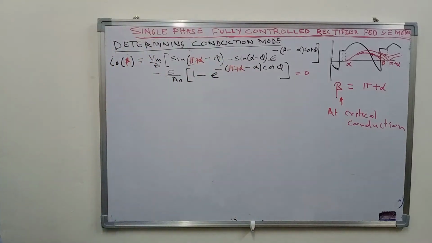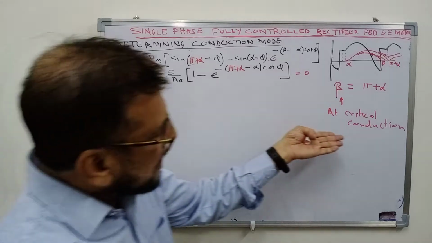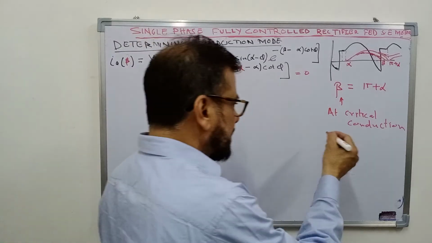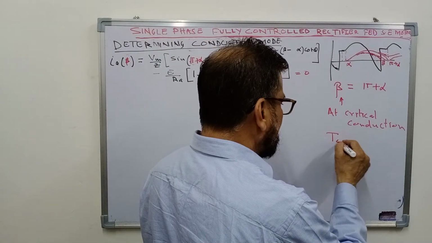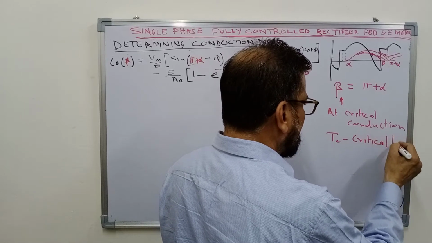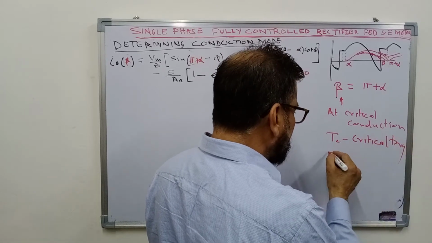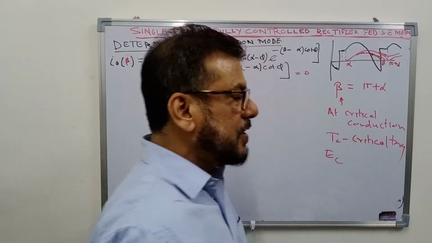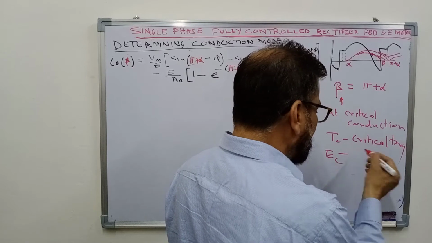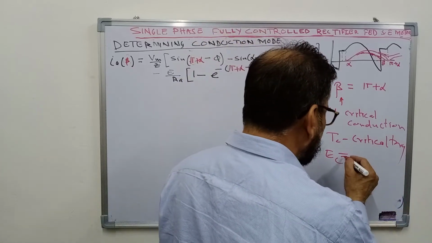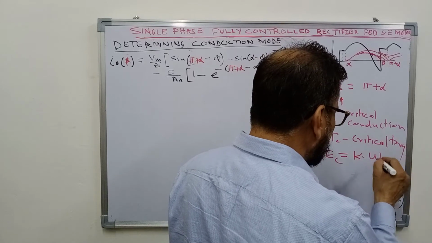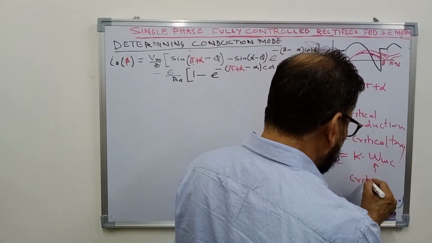And that is the critical torque, and the corresponding speed is the critical speed. So Tc we call the critical torque, and the corresponding speed, the corresponding back EMF Ec, you call it the EMF at critical speed. So this is equal to K times omega mc, where omega mc is the critical speed.